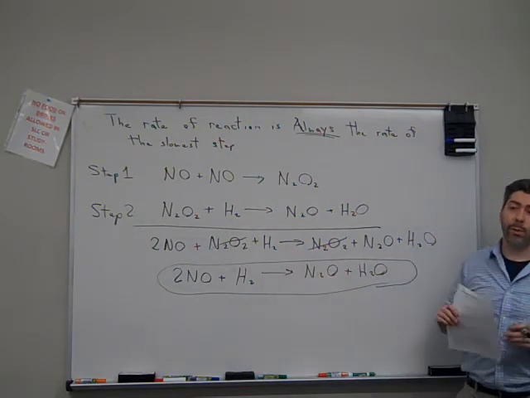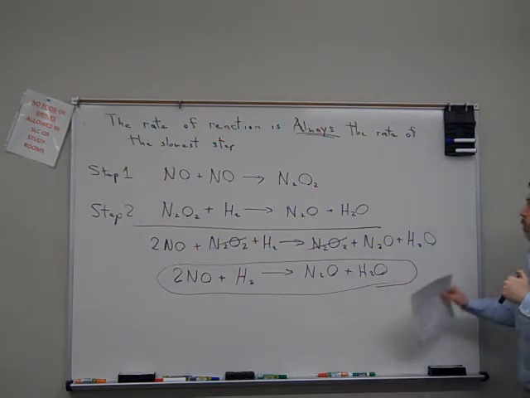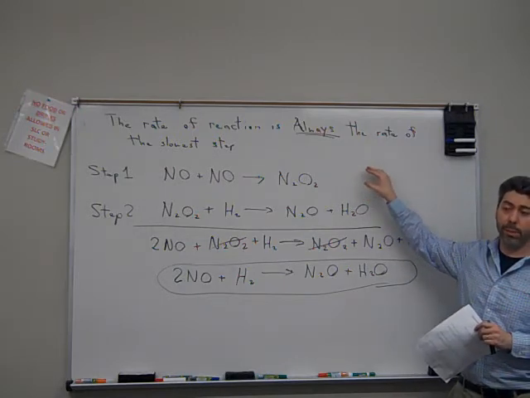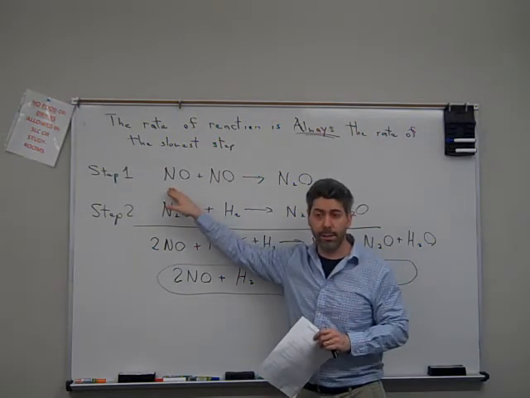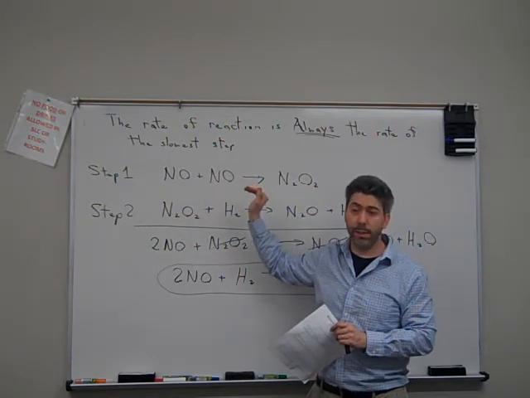However, you can determine a rate law for elementary reactions. For an elementary reaction, the rate law is simply the concentration of one reactant times the concentration of the other reactant times the rate constant.